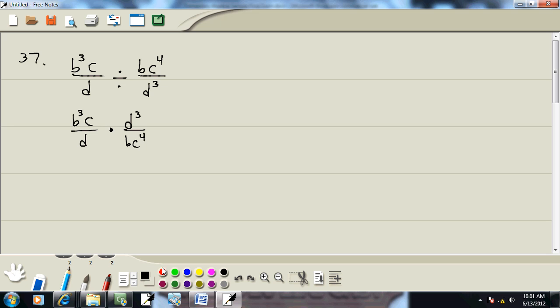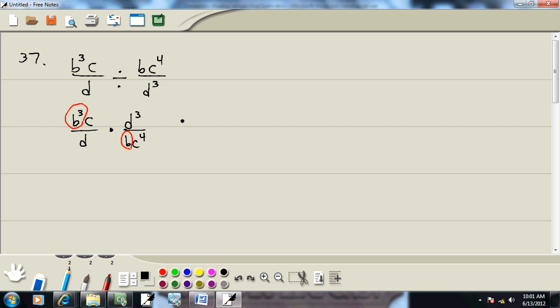Now I'm going to do this piece by piece. There's no numbers. So let's start with a b, as in Bill. Here we have b to the third. Here we have b to the first. Remember, if we've got b to a power over b to a power, they don't have to be in the same fraction. The guideline is just that one's on top, one's on the bottom.